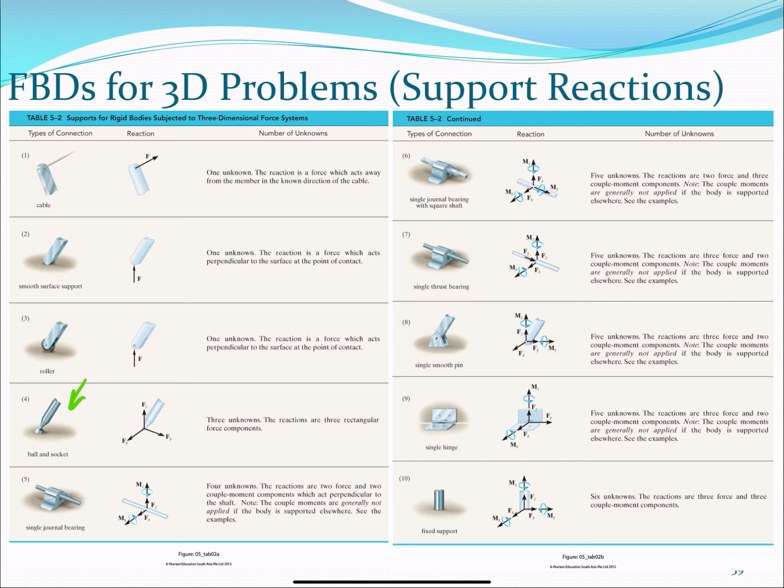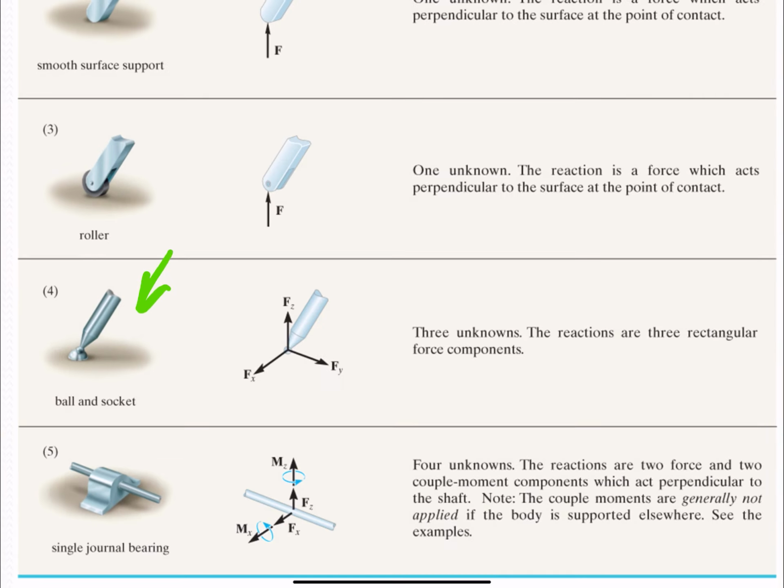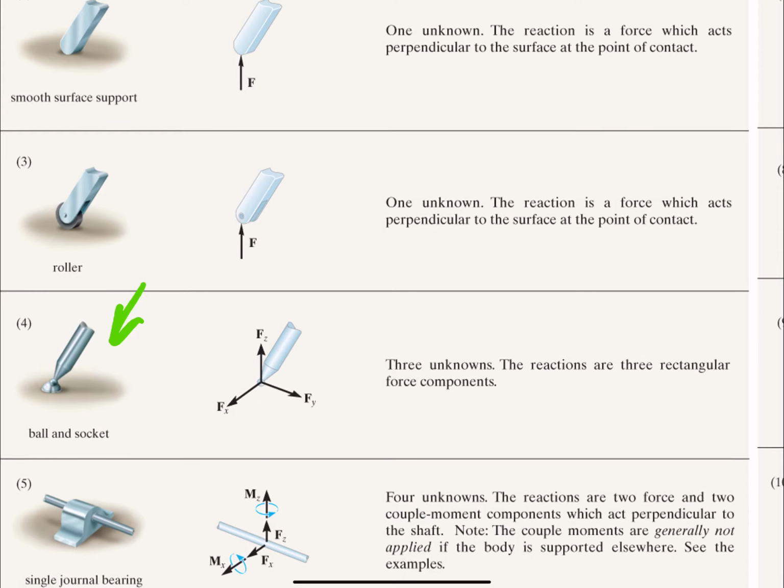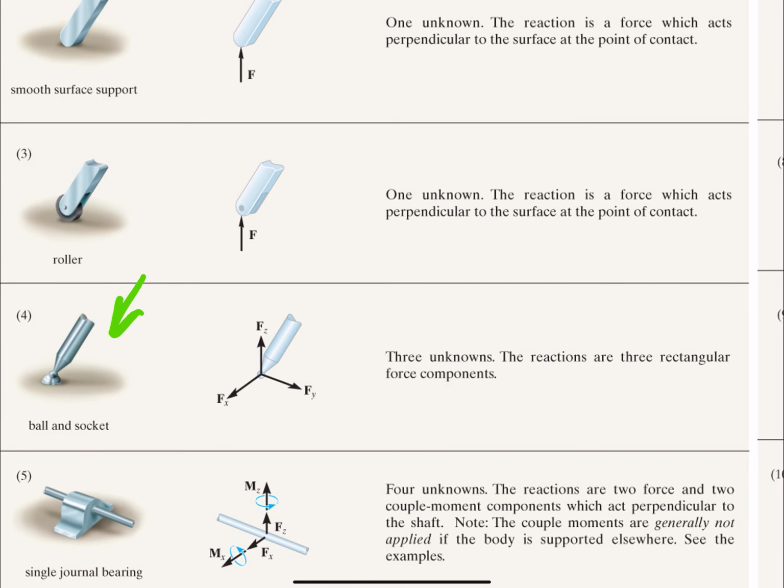You would agree that the figure seems quite right. One may think that all the rotations are allowed, and you'll be right. Only the translations are prevented, so only 3 unknowns, 3 translational reactions, in this type of support.